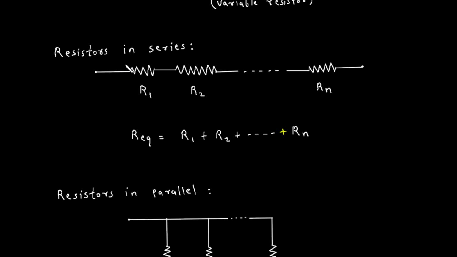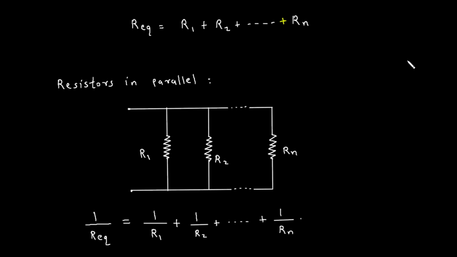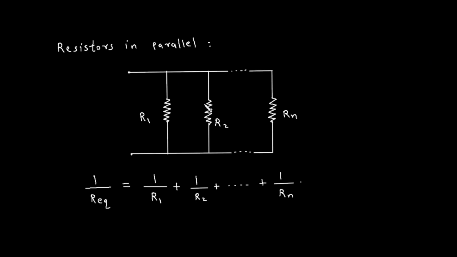And when we connect resistors in parallel, the equivalent resistance is reduced. So here we can see 1 upon Req is equal to 1 upon R1 plus 1 upon R2 and so on.